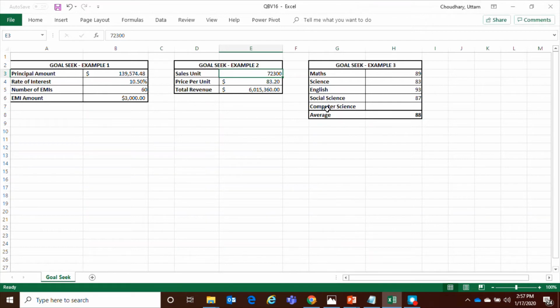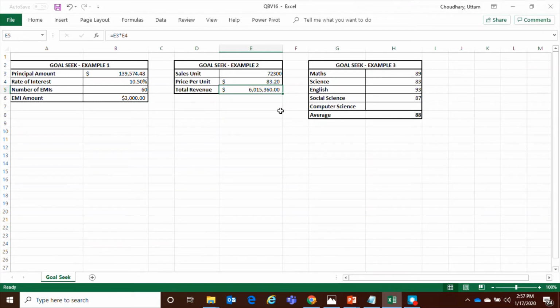If you press F2, it lets you know that I am multiplying these two numbers. So it is telling me that I've been able to make sales, or revenue for the company, of about 6 million, $15,360.